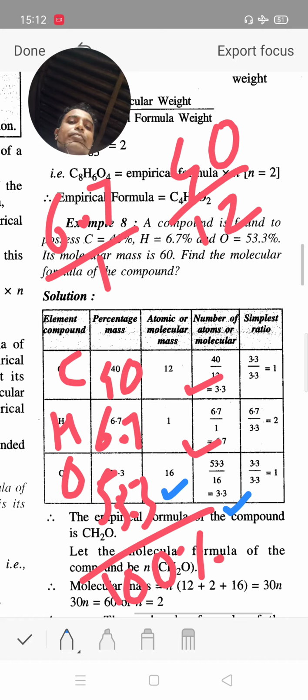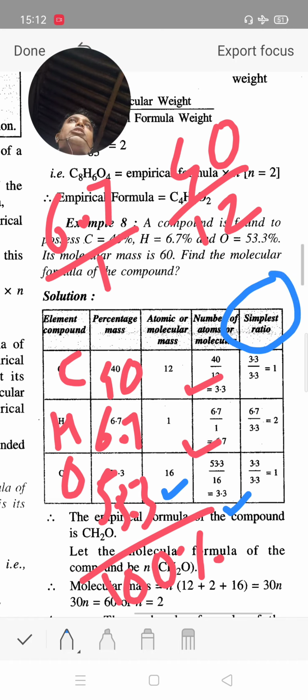Now the last column, simplest ratio. Whichever value is smallest, divide the others by it. In this, the smallest value is 3.3. So divide all by this: 3.3 divided by 3.3, 6.7 divided by 3.3, then 3.3 divided by 3.3.